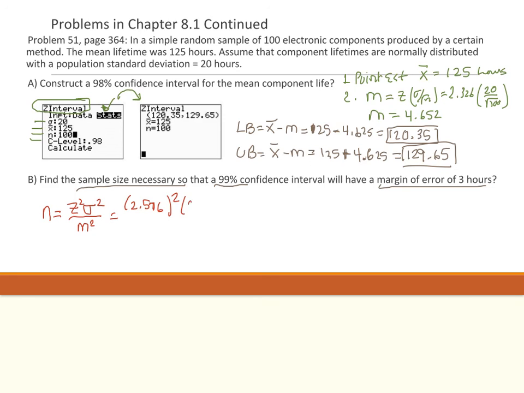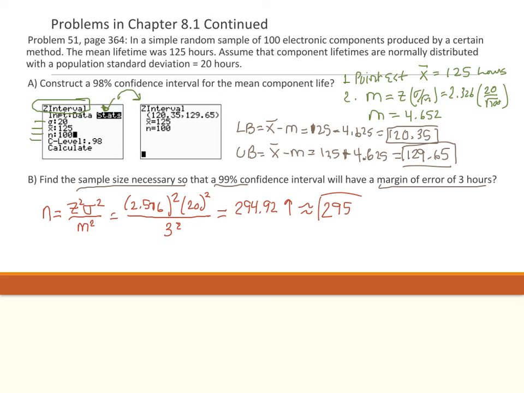We multiply it by 20 squared, which is our population standard deviation squared. And then we divide this by our margin of error squared. And we get a value of 294.92. And we always round up, so we get an answer of 295.